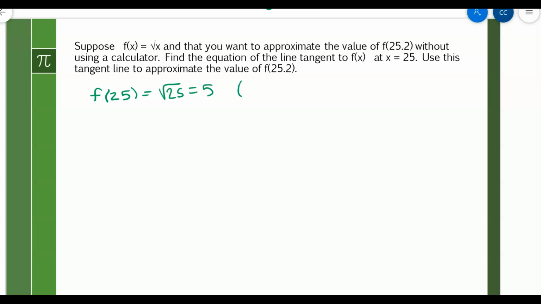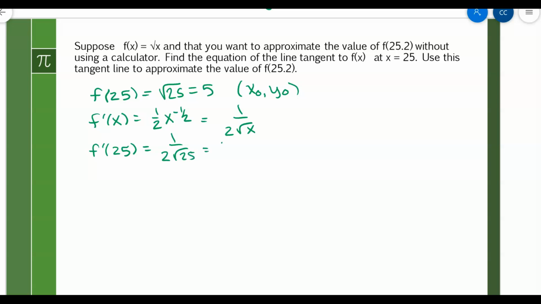This is like my x sub 0, y sub 0. Then we look at the derivative, which is 1/2 x to the negative 1/2, or 1 over 2 square root of x, evaluated at that nice point, which is 1/10. That represents the slope of the tangent line.